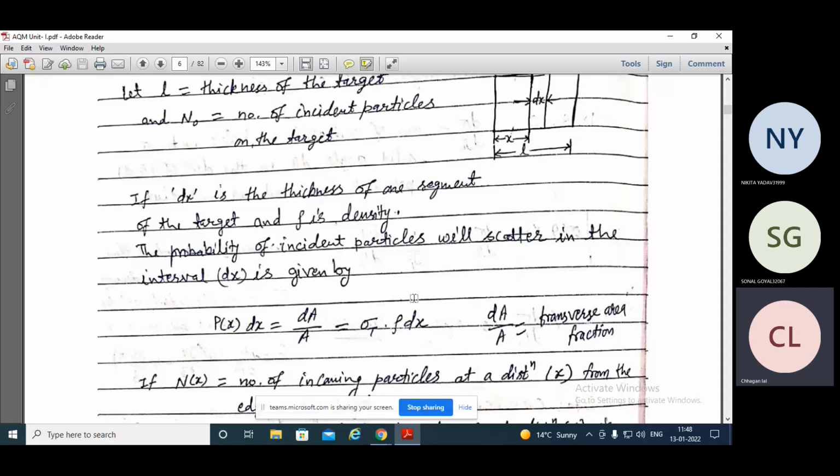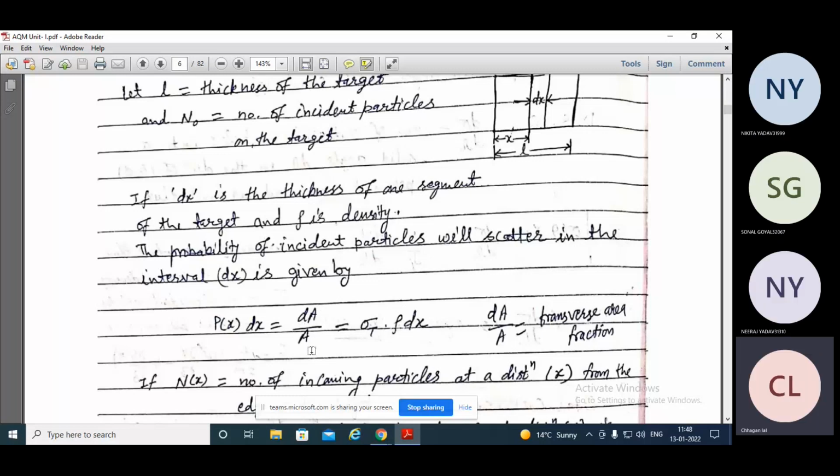So we are taking all dimensions as a unitless quantity. If you want to calculate the dimension of this term, sigma t rho dx, these terms are unitless, because rho is the density, which is in units of per unit volume.